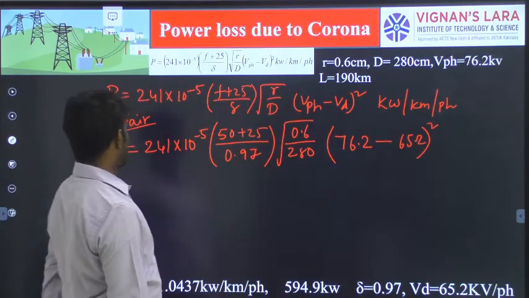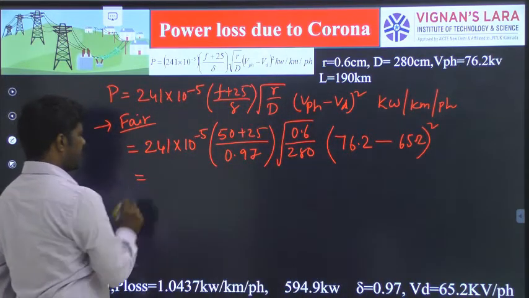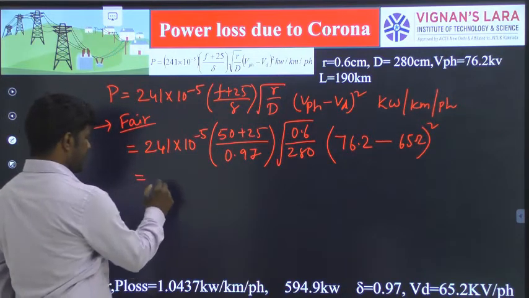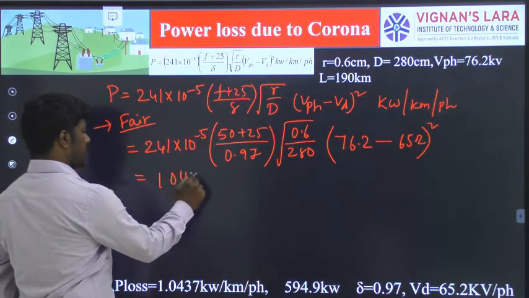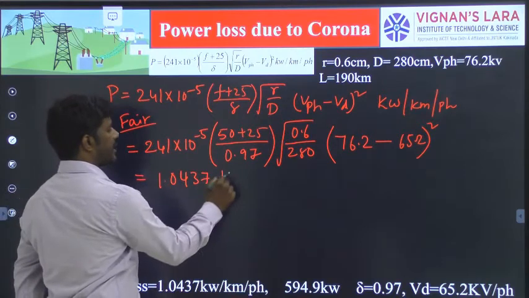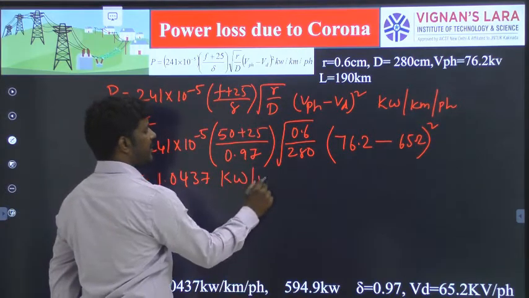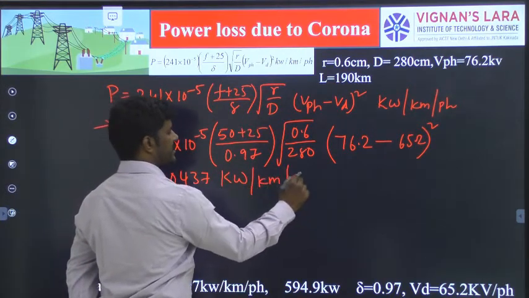Doing this in the calculator, for each phase we observe 1.0437 kilowatts for a length of 1 kilometer.